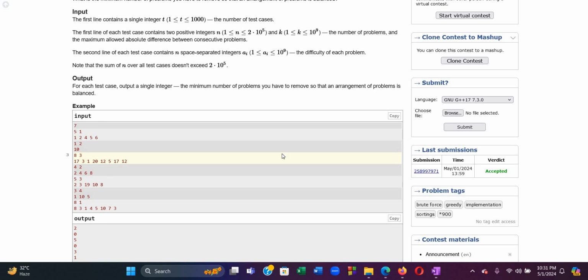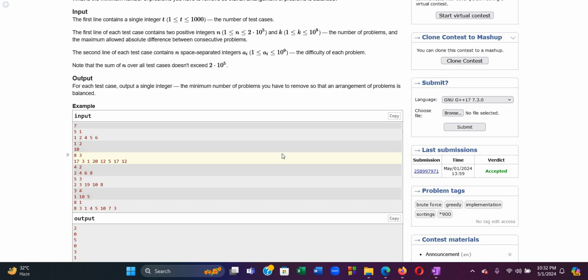Basically, in here, you are going to be given an array consisting of n elements. You're going to be given an integer k. What you have to do is print the minimum number of elements that you would remove, after which you get an array which would always satisfy the following condition.